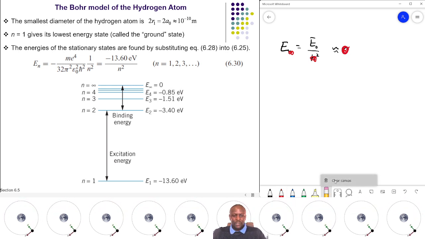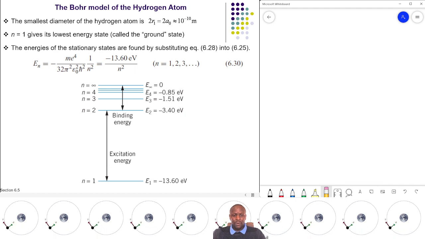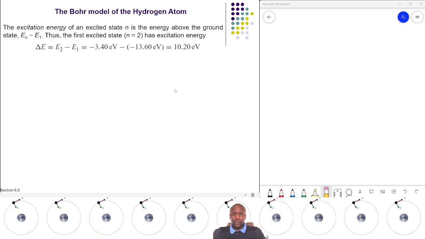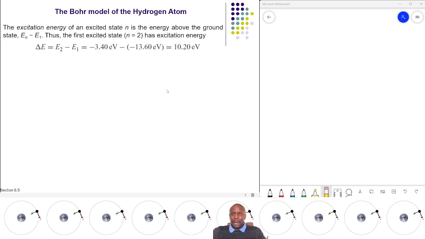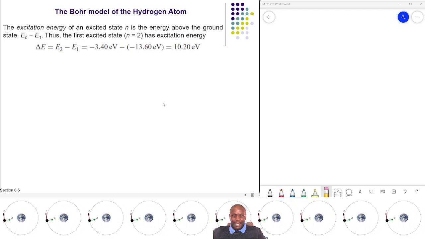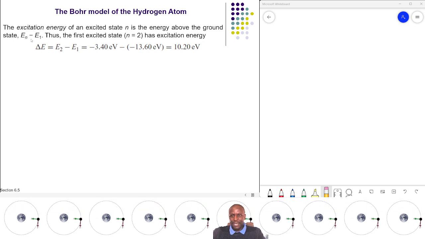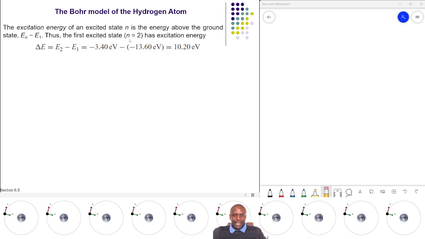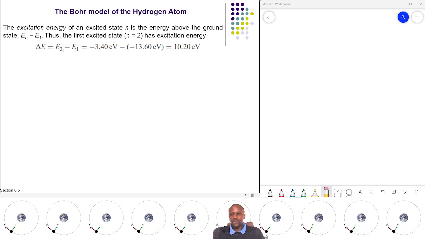So that's what you are going to have for the equation of the energies for those stationary states. Now the excitation energy of an excited state n is the energy above the ground state, for example En minus E1. Thus, the first excited state, n equal to 2, has excitation energy given by E2 minus E1.